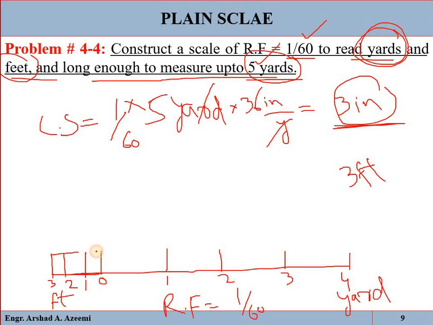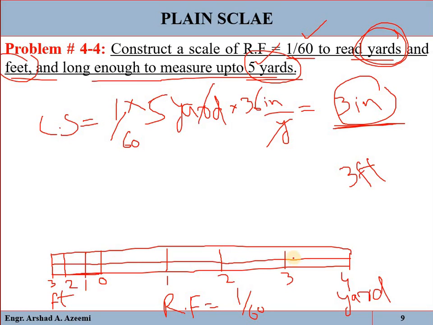And for more visualization, draw one horizontal line here and shade this alternately. You can draw it properly using drawing instruments, so it is clearer and more easily observable.